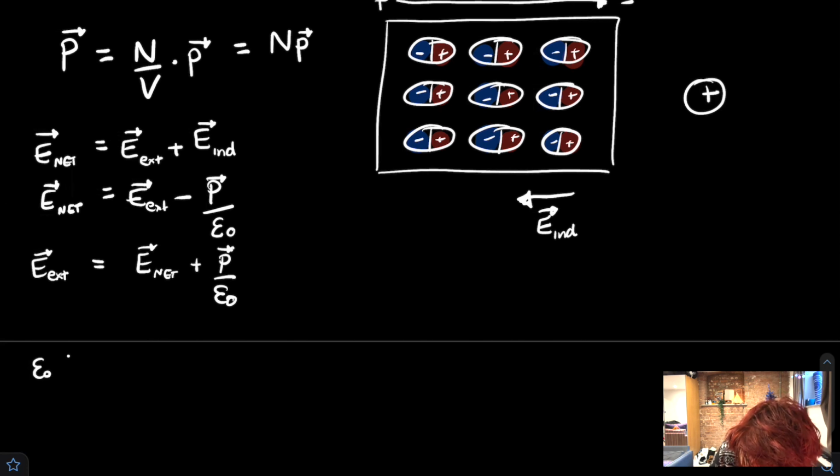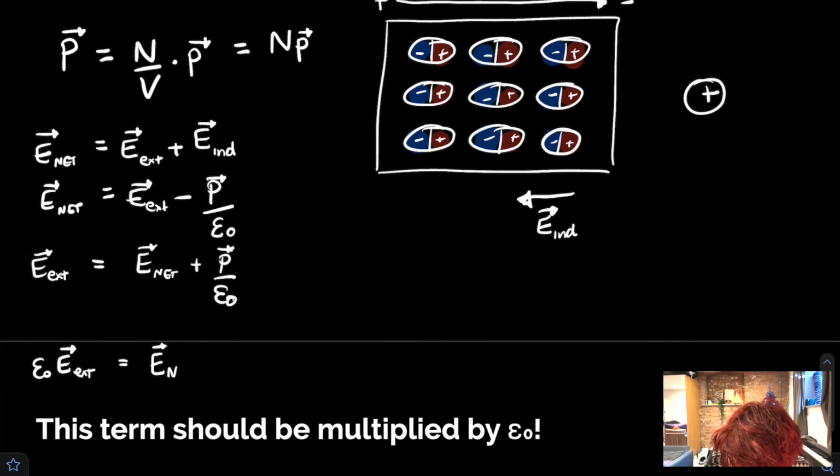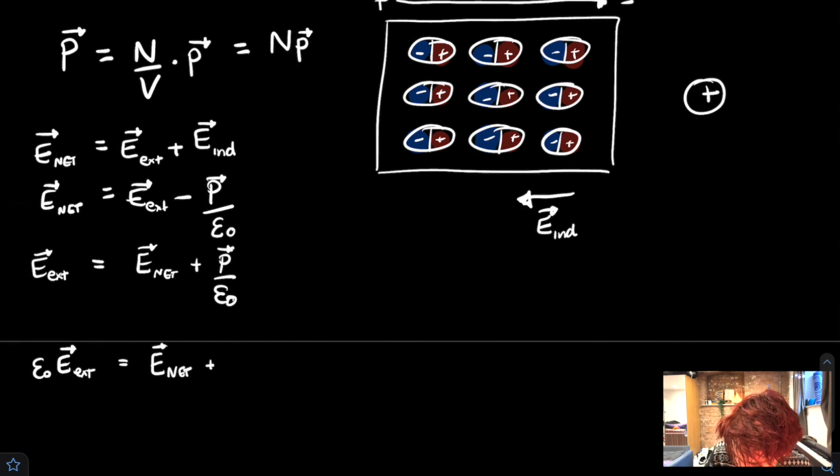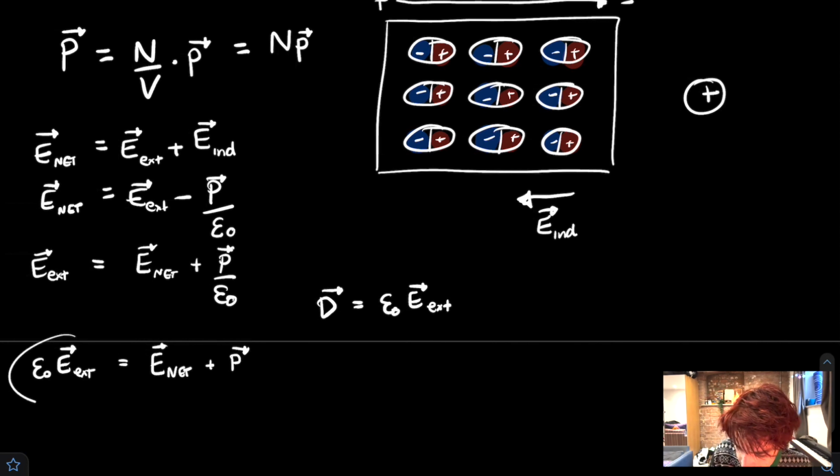So we're going to have epsilon naught E external is equal to E net plus P right here. So I've just multiplied everything through by epsilon 0. And I'm now going to define D, capital D, as equal to epsilon naught multiplied by the external electric field right here. So this will just be this term in the equation right here. So let's go ahead and swap that in.